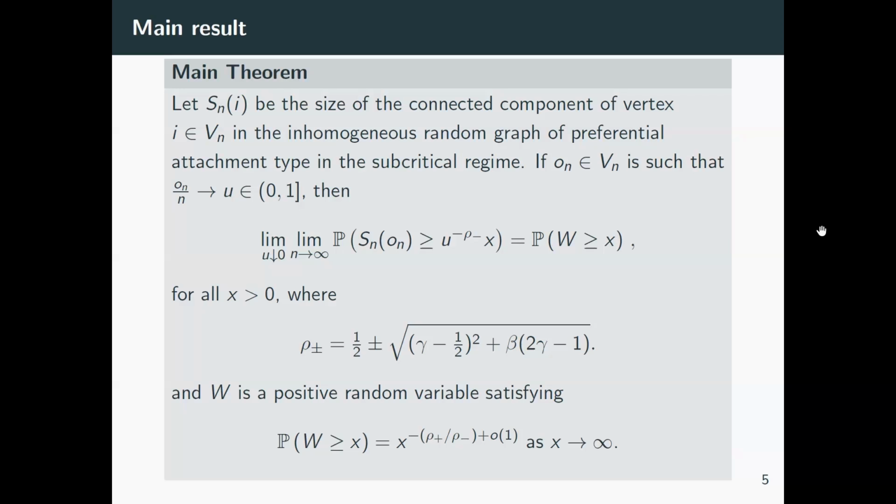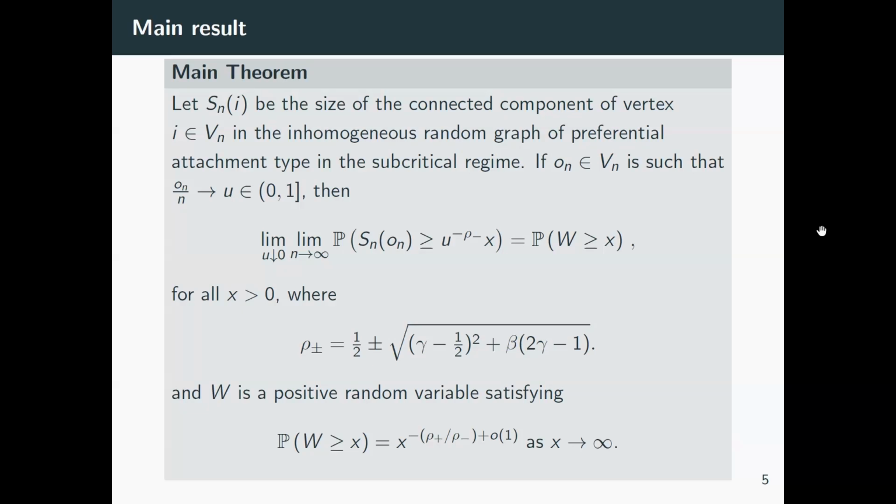Like I said before, we work in the subcritical regime. And now we take a sequence of vertices On, such that On divided by n converges to some u. This just means we look at growing sequences of vertices which grow in a typical manner. You can think of On as u times n. Maybe you have to floor it or something. But we just look at a typical sequence of vertices.